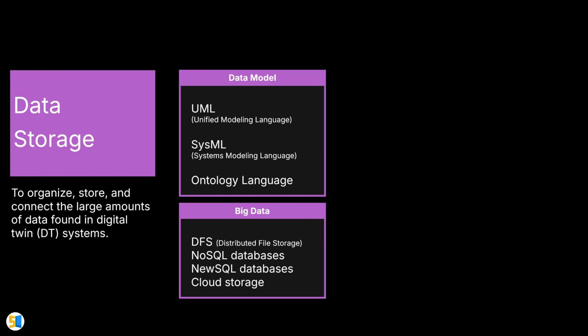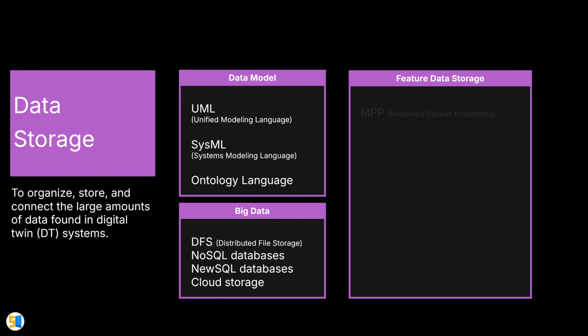This is why big data technologies are preferable, including distributed file storage or DFS, NoSQL databases, NewSQL databases, and cloud storage. Future direction involves MPP, or massively parallel processing, a database architecture that distributes data and query processing across multiple independent nodes, enabling high performance and scalability for large datasets and complex analytical workloads.